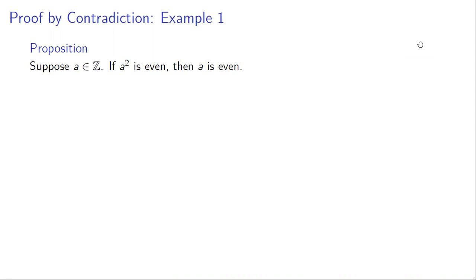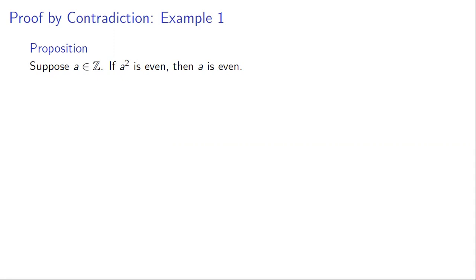We talked about in the past that in math, when we have a sentence of the form if P then Q, and we're using some variable that's not a specific value, then it applies to all integers, even though we don't explicitly say for all integers. So if I have a case where A squared is even, then A must be even.